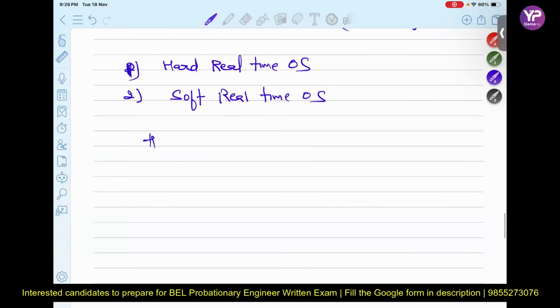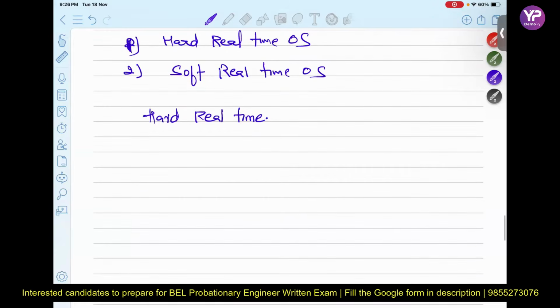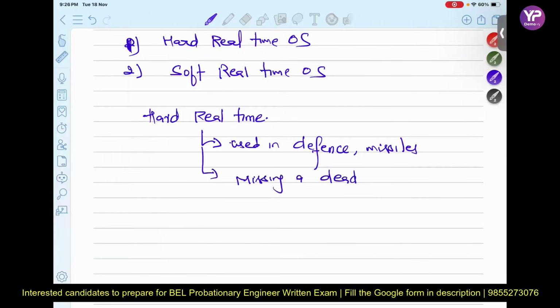If I talk about hard real-time, basically these are used in defense or in missiles. One more point is that in this case, whatever deadline we set, that cannot be missed. Missing a deadline means failure of the system.